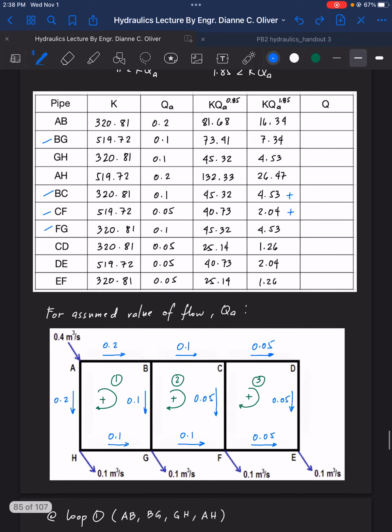FG is counterclockwise, so negative. And BG is also counterclockwise; looking at this loop, the flow in pipe BG is countering the clockwise flow at loop number 2. Therefore, we put negative 7.34.